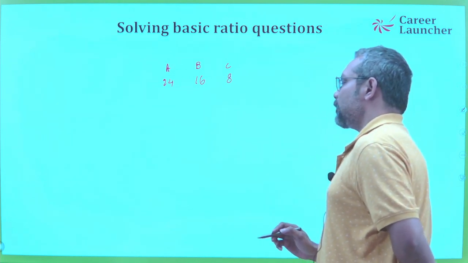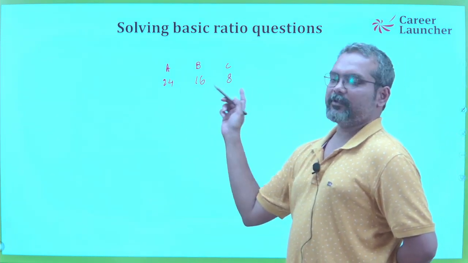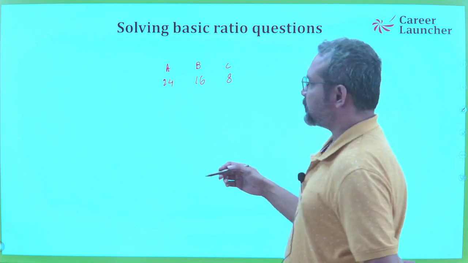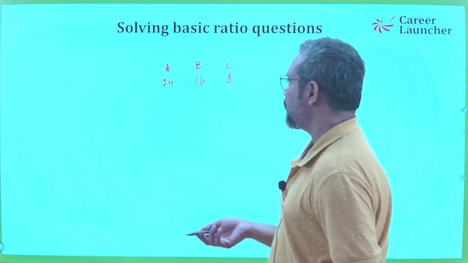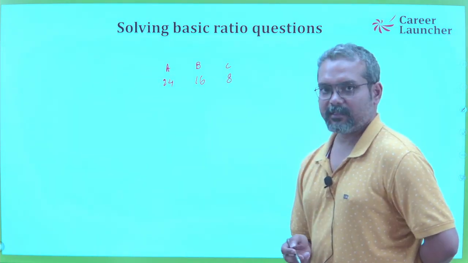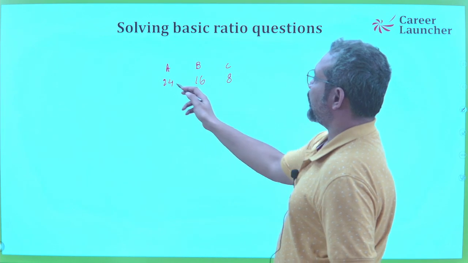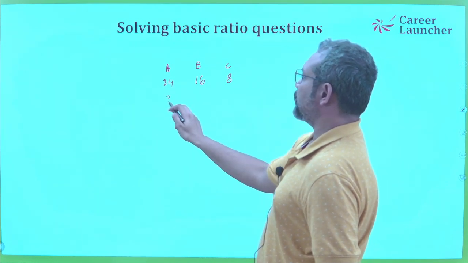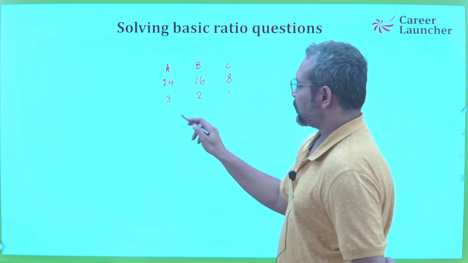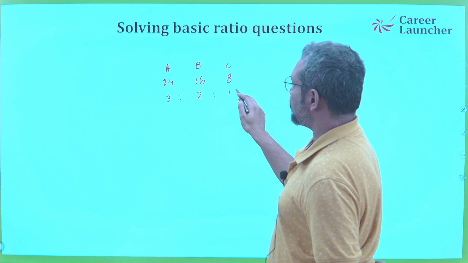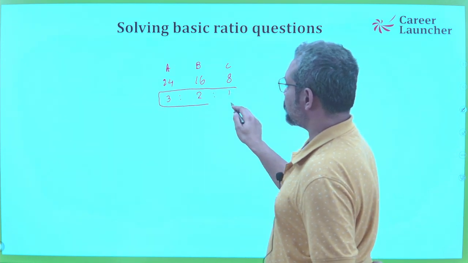Now you can see that there is something common in all of them, right? If you take the HCF, or the greatest common divisor, GCD or HCF, that is in this case 8. If I divide throughout by 8, I am going to get 3, 2 and 1. So what you have got, the lowest form of the numbers, becomes the ratio of A, B and C.